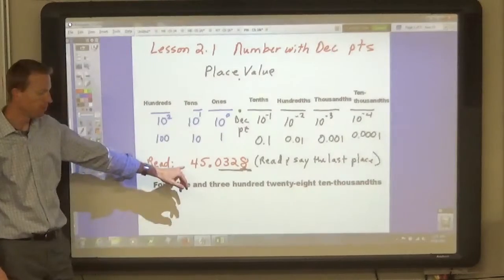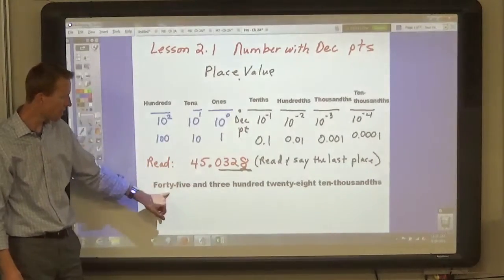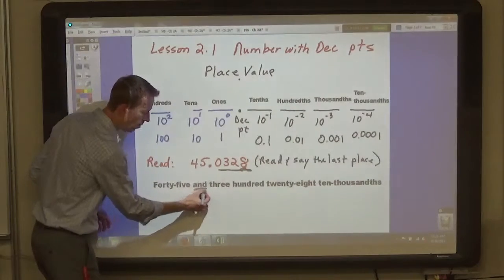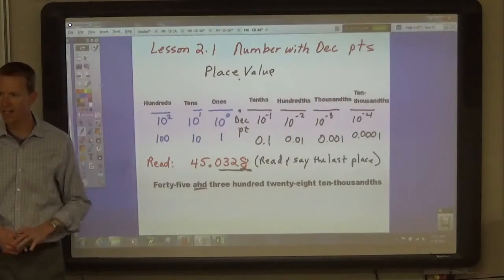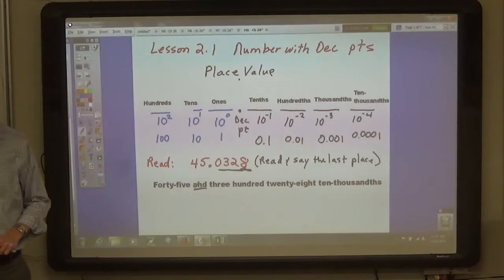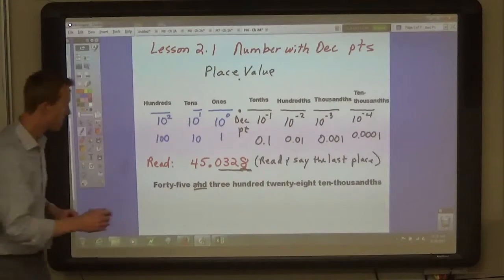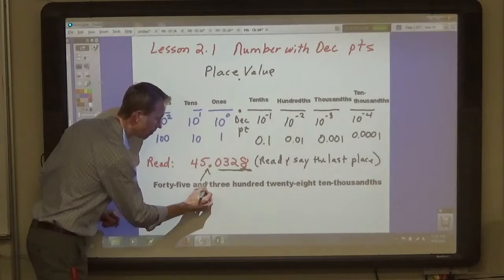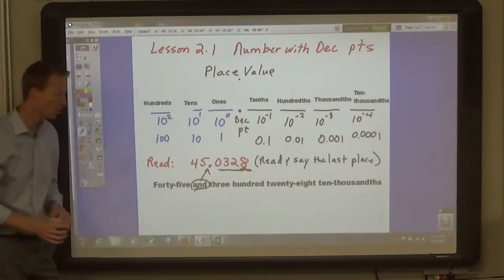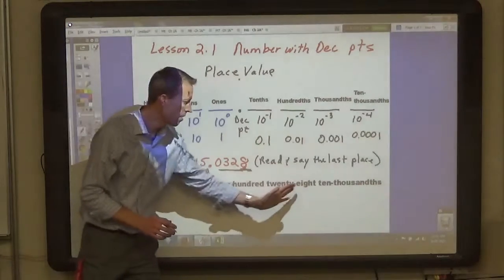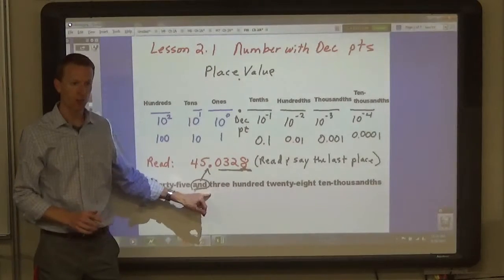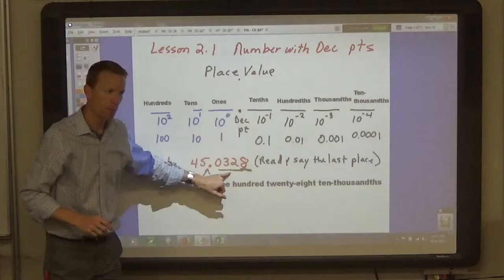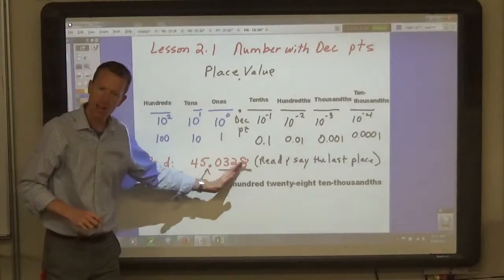So for example, you would read this as 45, and why do we use the word and? What does the word and mean? That's the decimal point, right? The word and refers to the decimal point. So we know that all the numbers that we're reading after the word and refer to the numbers that are less than 1, that are behind the decimal point.